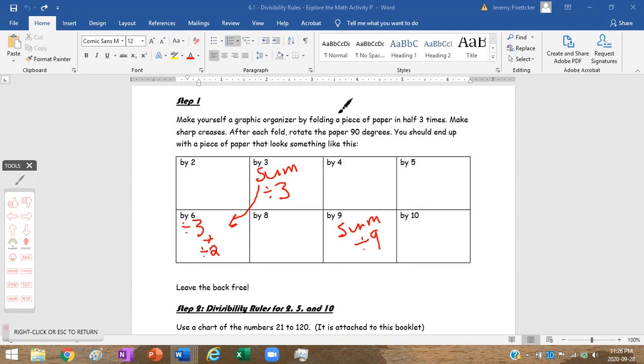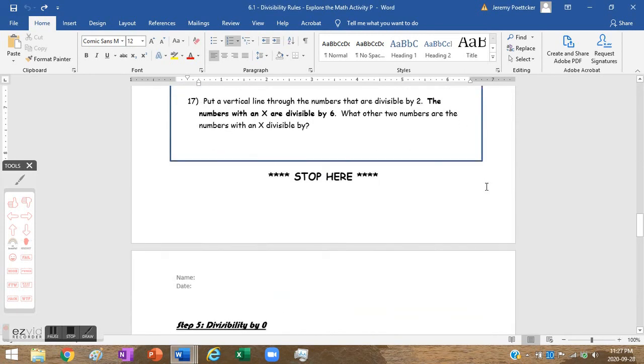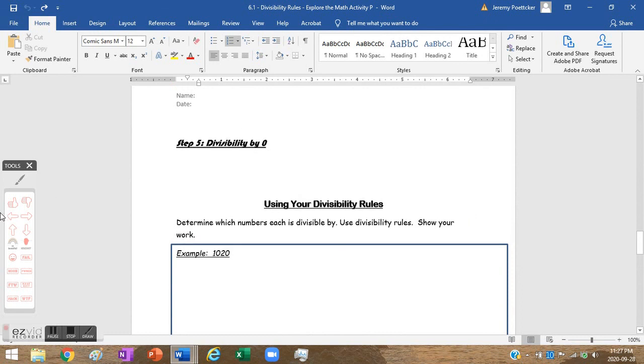Same thing for 9, the sum is divisible by 9. For 6, they are divisible by 3, so all of these rules, and they've got to be even, divisible by 2. All right. Again, put this into your own words. It'll make more sense to you if you have put it into your own words.